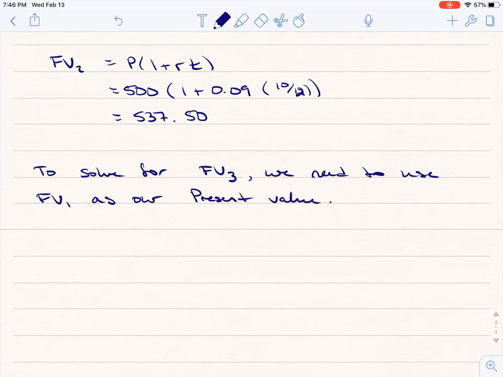Amounts can go from being a future value to a present value. It just depends on where they are on the arrow. If they're on the left-hand side of the arrow, they've turned into a present value. If they're on the right-hand side of the arrow, they're a future value.